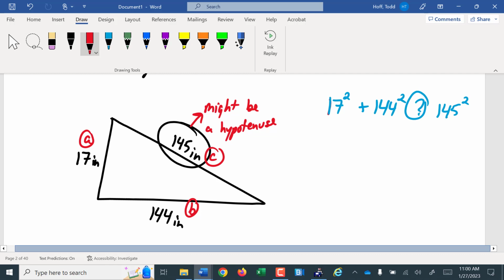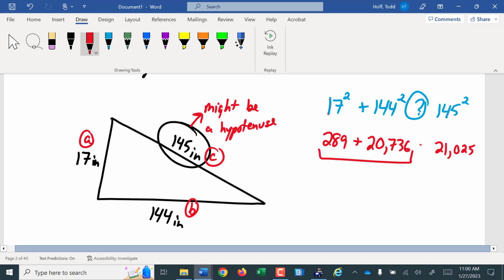So 17 squared is 289. 144 squared is 20,736. 145 squared is 21,025, isn't it?